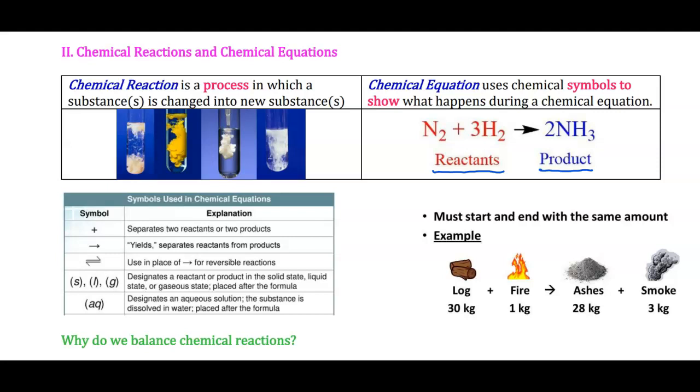But we use a special chemical way to tell about this reaction. We use symbols and subscripts and coefficients to tell you what is happening here, right?